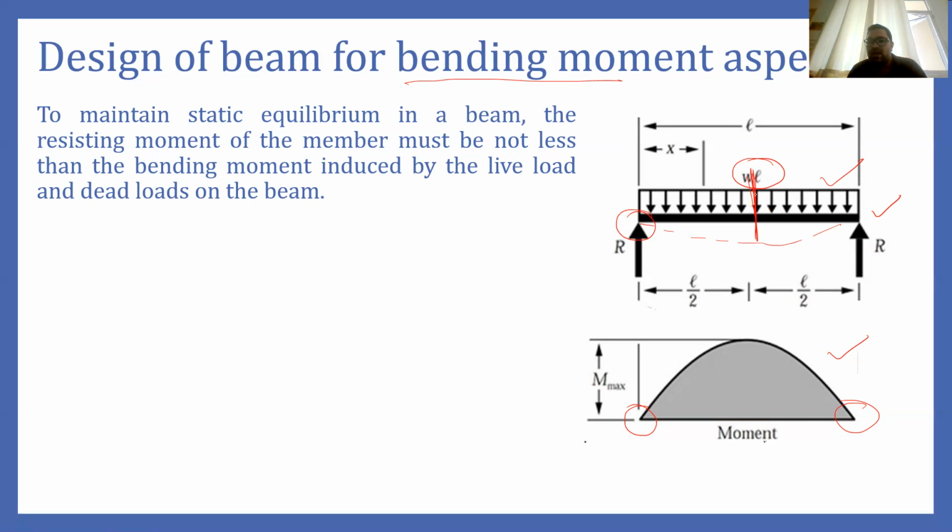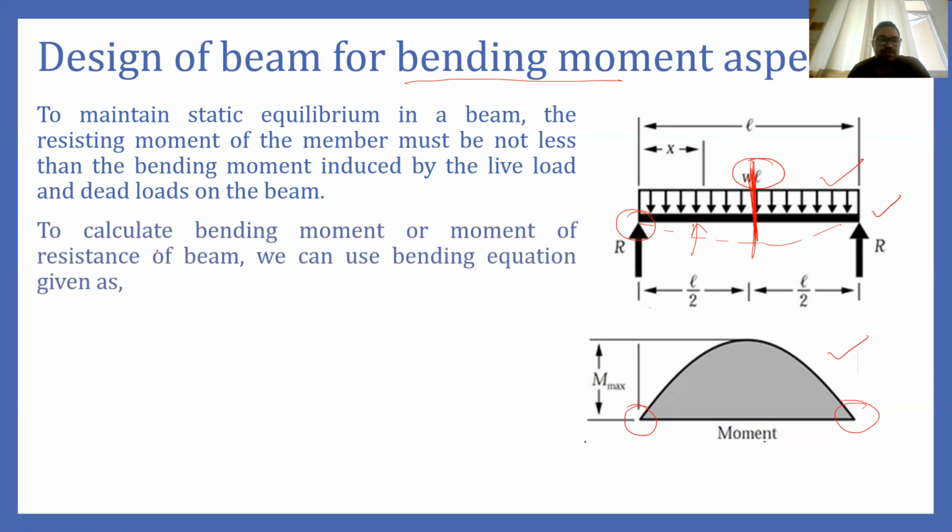So at the center bending moment will be maximum, and bending stress will also be maximum. Therefore the bending stress caused at the center should be less than the permissible bending stress of the timber beam. If we are able to satisfy this condition, then we say that the beam is safe in the bending moment criteria. So we will try to understand this concept more.